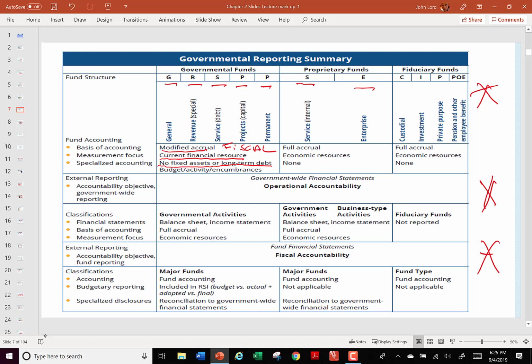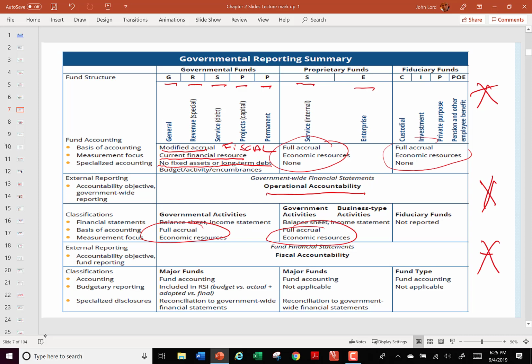When we purchase equipment, we debit expenditure, don't we? Okay. Then what? When we get to our proprietary funds and our fiduciary funds, we are back to full accrual accounting, economic resources measurement focus, which is also the case when we're dealing with our government-wide statements. We have operational accountability, full accrual, economic resources measurement focus, right?